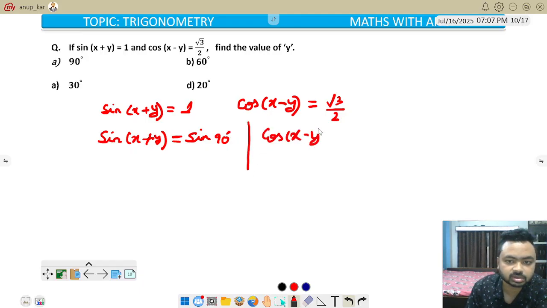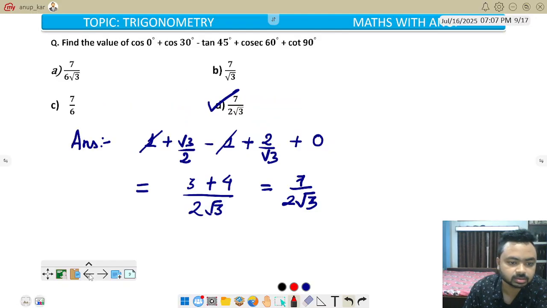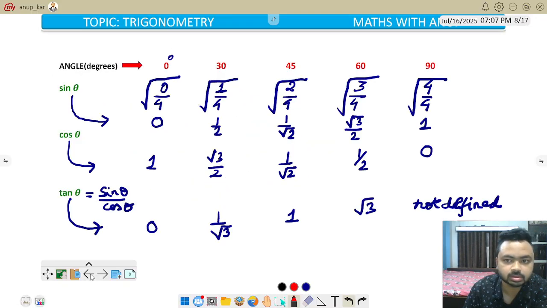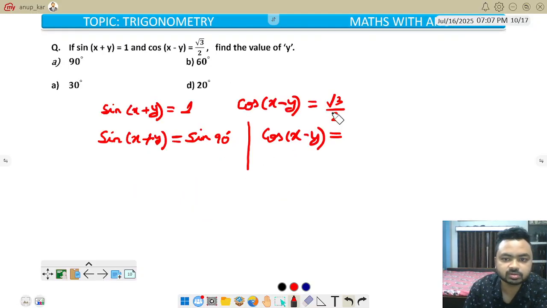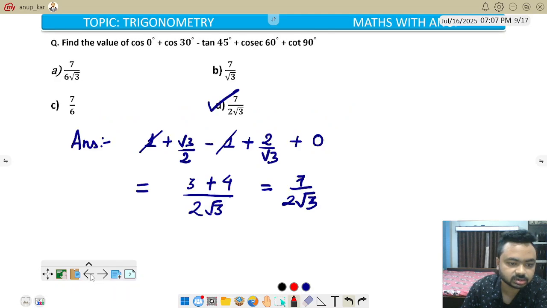for cos of x minus y, at which angle does the value of cos become root 3 by 2? At 30 degrees. Let me show you, one second. Let's check it out in the table. How much was the angle given? I forgot, one second. So it is root 3 by 2. At what angle will it be root 3 by 2?